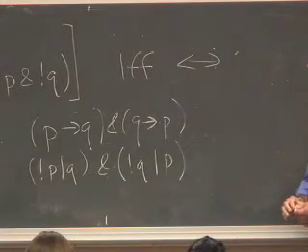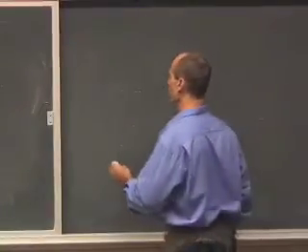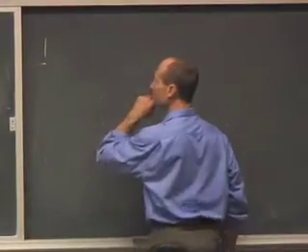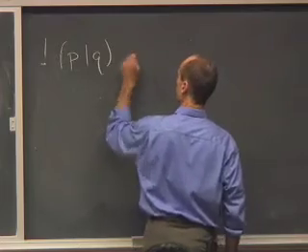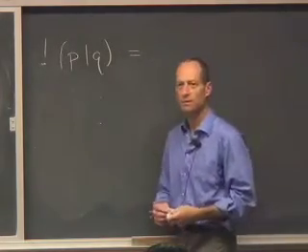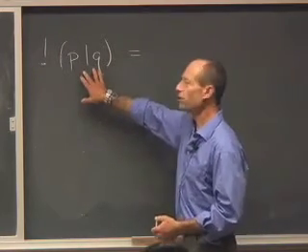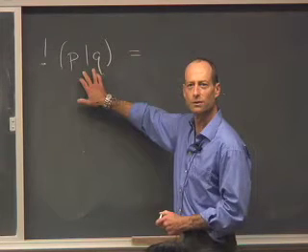Okay, let's look at some general rules. So what would not (P or Q) be equal to? P or Q is true if either or both is true.